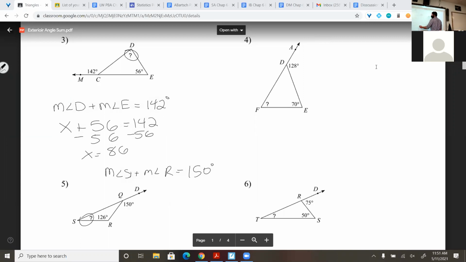And then this one here, I know the measure of angle R. And so X would equal 24. All right, so 4 and 6 will be 2 questions on your homework. You'll see they're very, very similar.